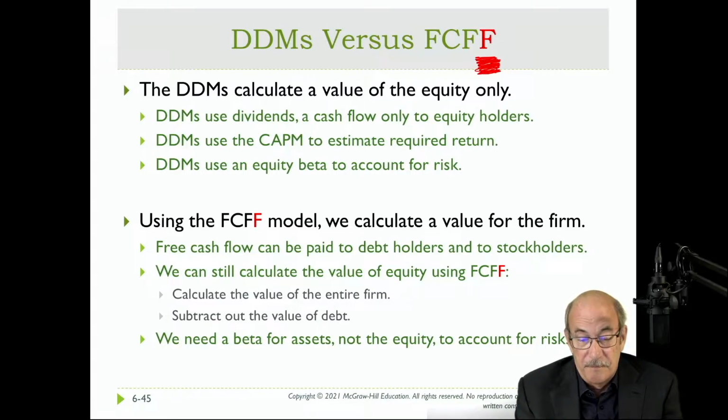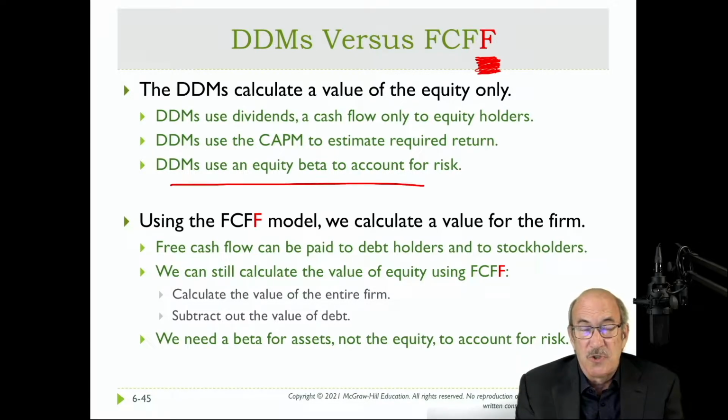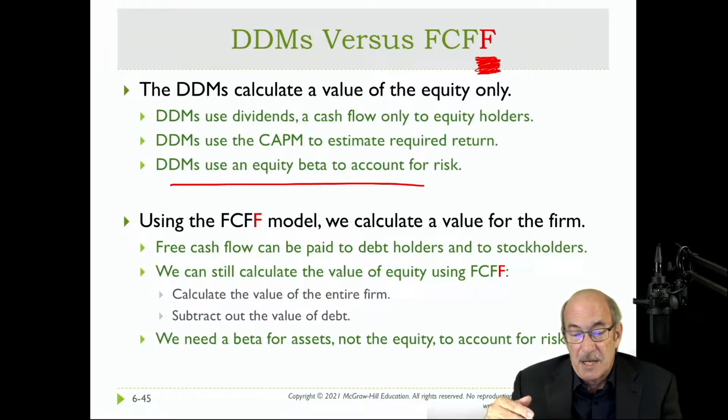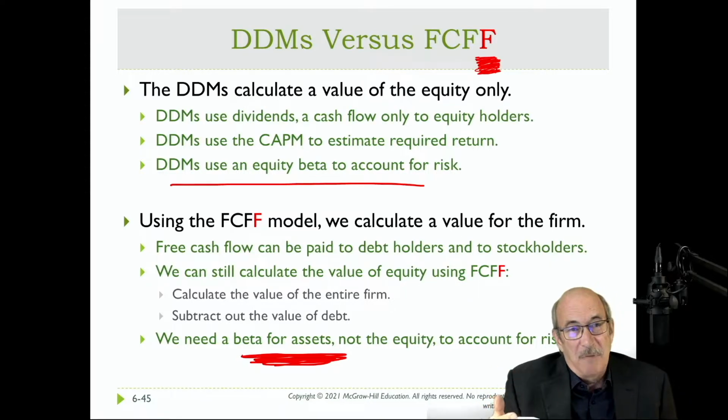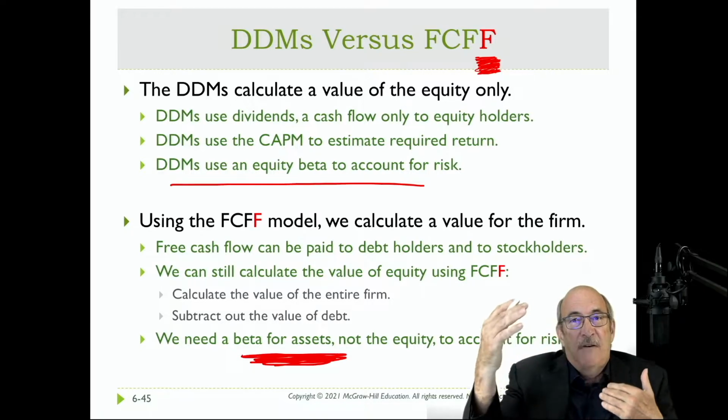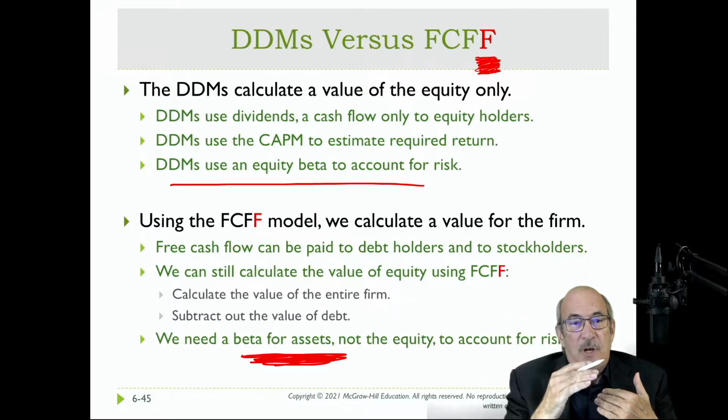DDM uses an equity beta, and in the free cash flow to the firm, we're going to use what's called an asset beta. The reason we need to use an asset beta is that we're looking at free cash flow to the entire firm, not just the equity portion of it.